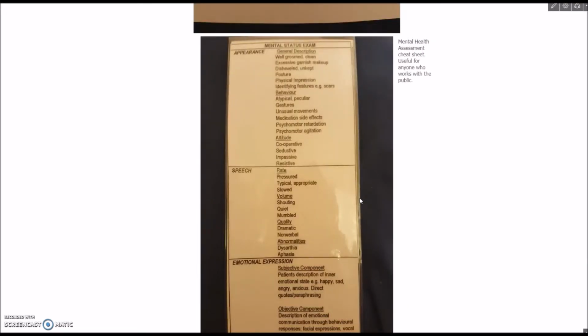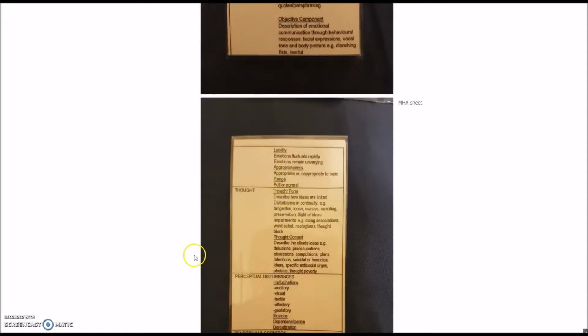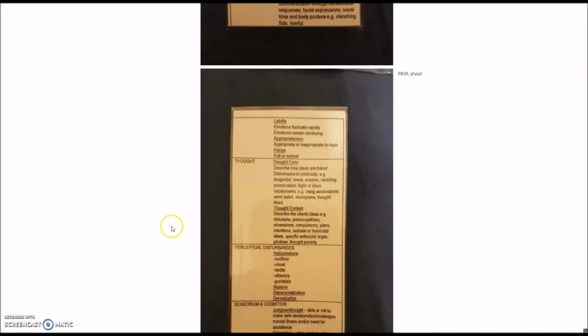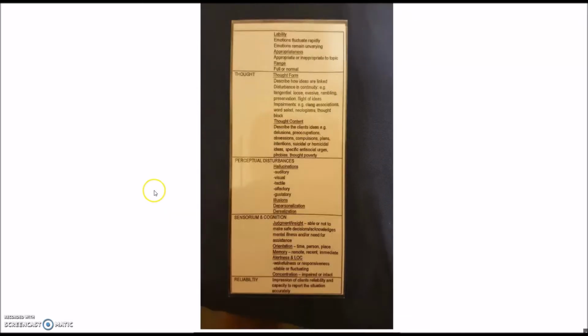This is going to be handy for, again, if I work in any facility. If I see any of the things here, like pressured speech or disheveled behavior or appearance, or unorganized thought patterns, doesn't matter where I work, I'm going to be able to use this to know if a person is within the standard acceptance of appropriate mental health.